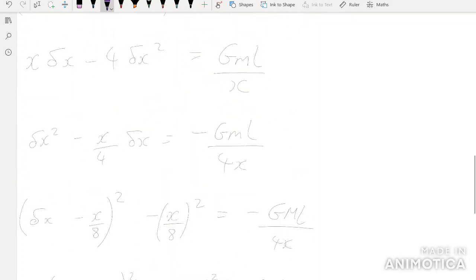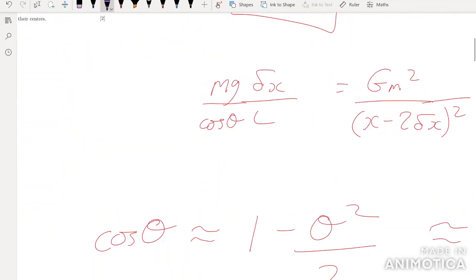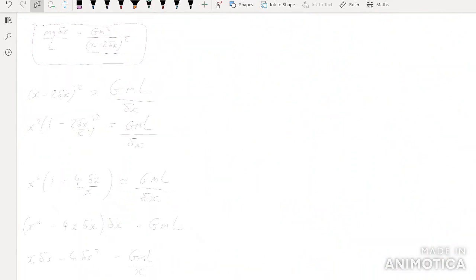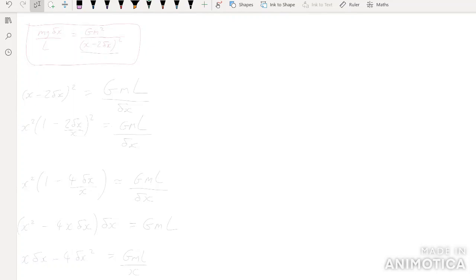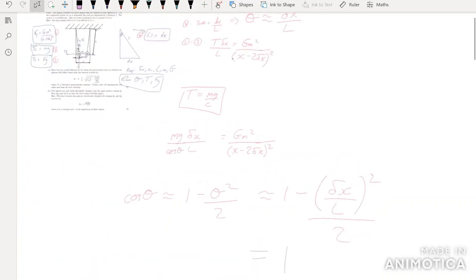Having a look at their answer, I believe I've dropped the G at some point. That's not very important. Where's it gone? I've literally just forgotten it. It should have been here from the start. So that can go there, that can go there. Okay, so now it's exactly in the form of their answer.